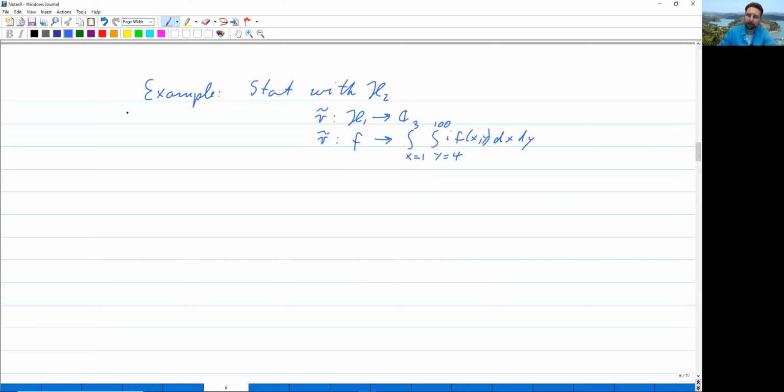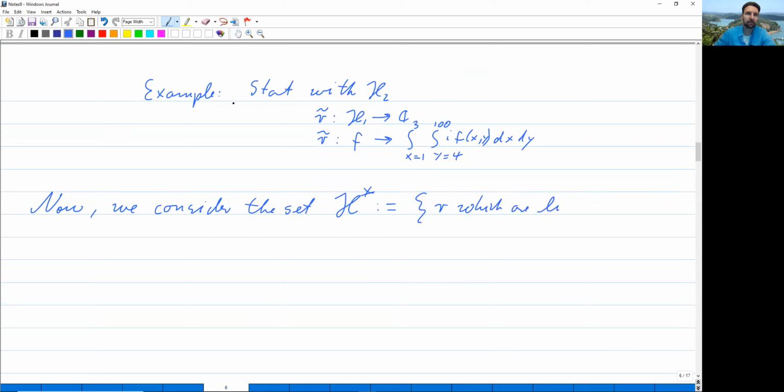So now we consider the set H star, which is defined to be the set of all R which are continuous linear maps from H into C. Then, so I gave you examples of R and R tilde for H1 and for H2.